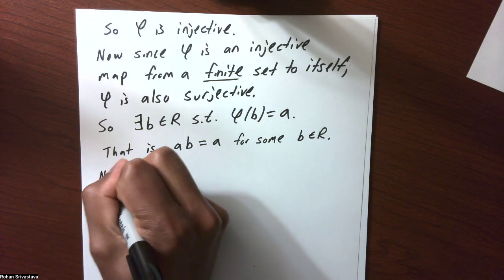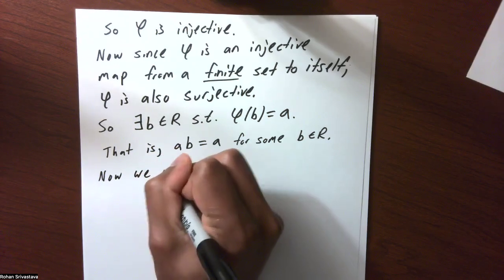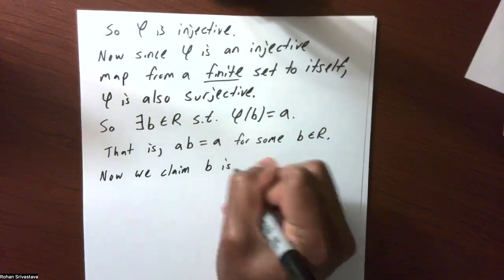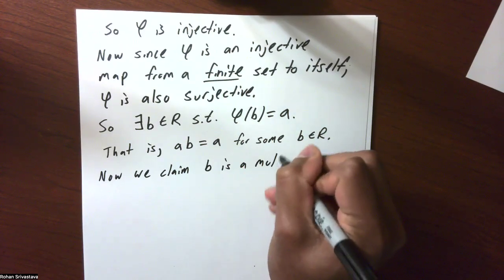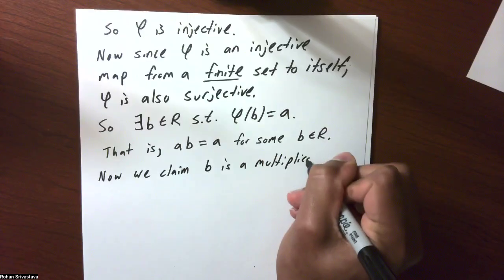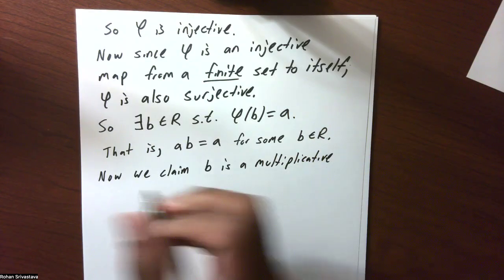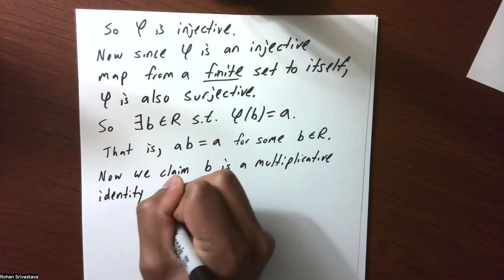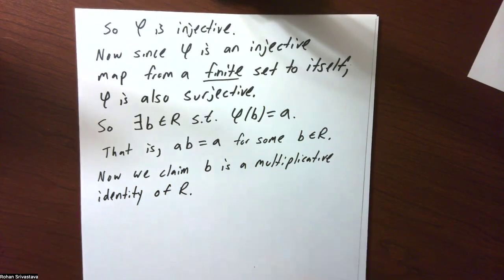So now we claim b is a multiplicative identity of our ring R.